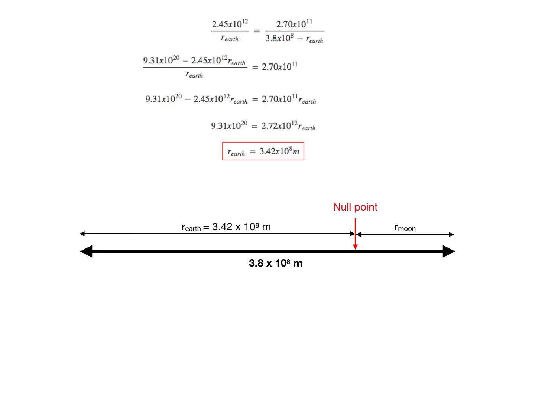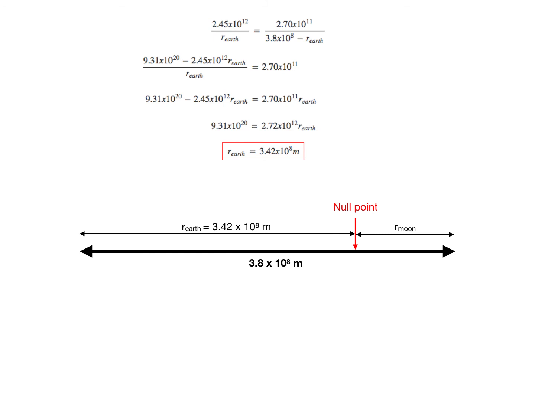Continuing on, I've just brought that last expression across. Then I have multiplied both sides by 3.8 by 10 to the 8 minus r Earth to get rid of the fraction on the right-hand side. And so that gives me a new expression on the top left. Then I want to get rid of the fraction on the left-hand side, so I multiply both sides by r Earth.